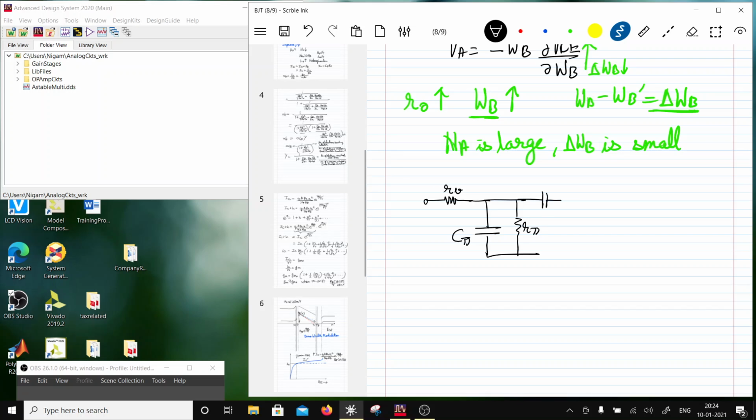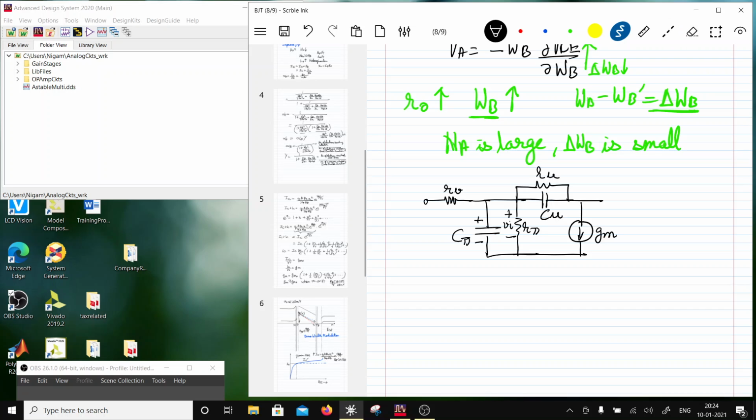Then I'm going to have C mu, R mu, and then I'm going to have GM here, and VI over here.